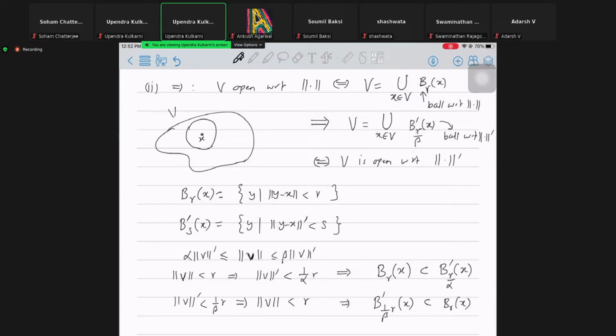Okay, so maybe it's just schematically I will put it over here. So this one is BRX and this one is B prime X whatever R by beta.